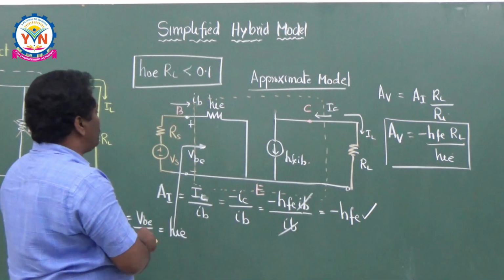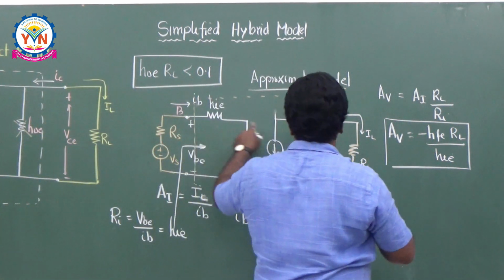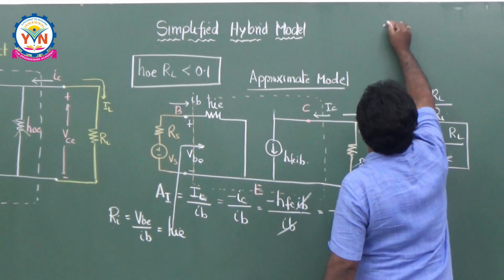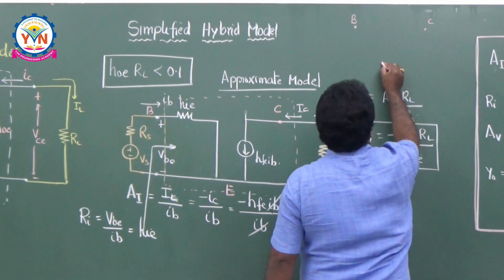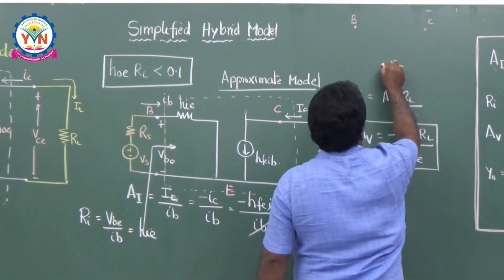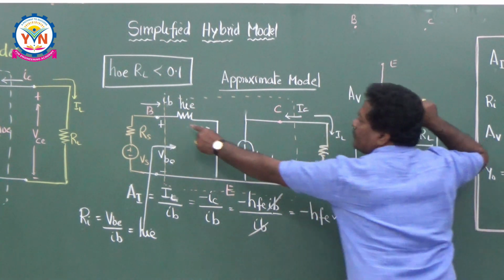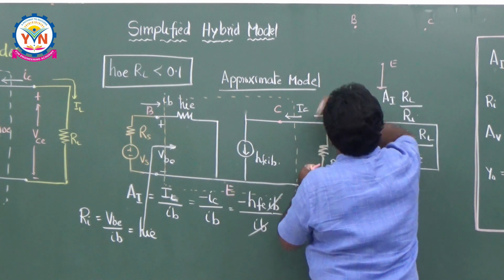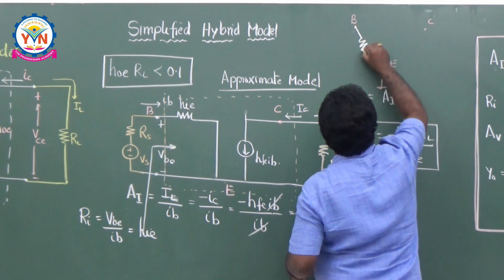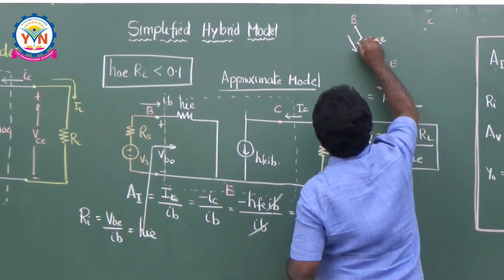So, for clarity, I am drawing it here. If you are taking the three terminals here, one is the base, the other one is the collector, and this is the emitter. Emitter is grounded. Between the base and emitter, you are having HIE. The current IB is flowing through this.